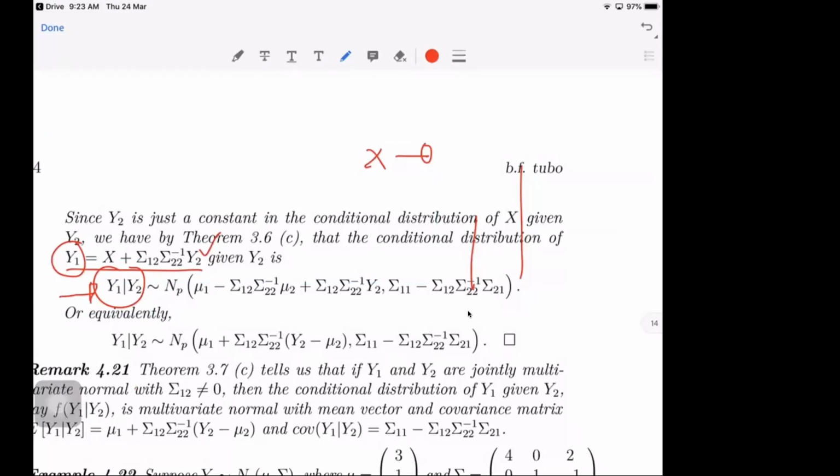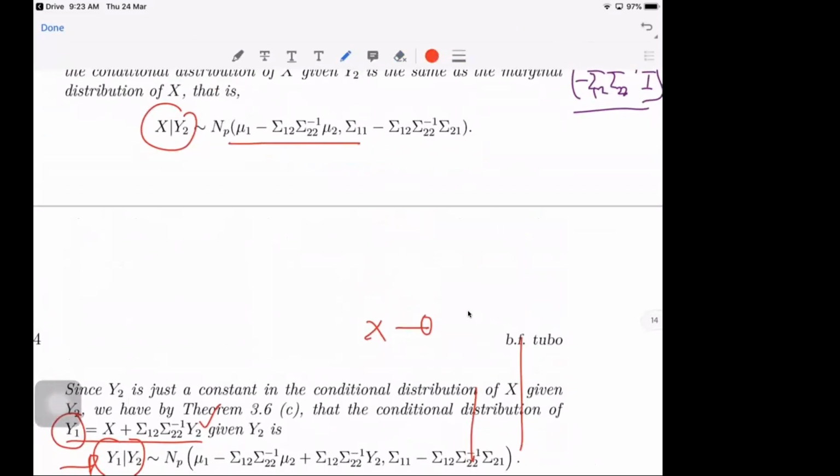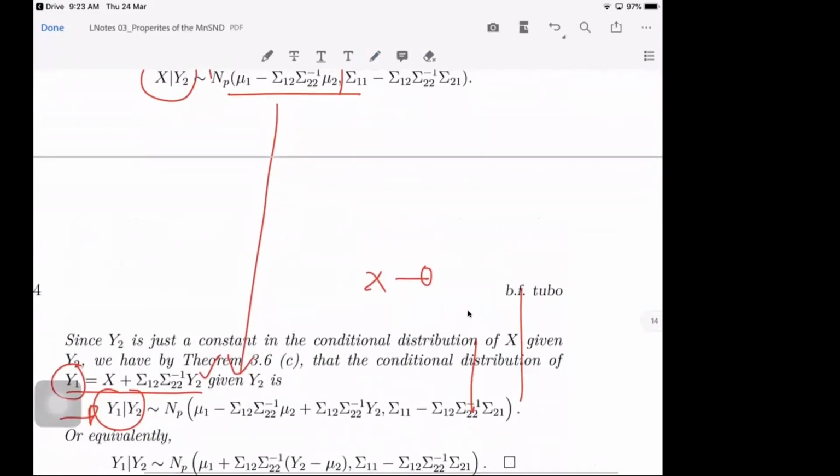So what you will have is kay conditional distribution sa x given y2. So look at the difference. So you have y1 minus sigma 1 2 sigma 2 2 inverse y2.